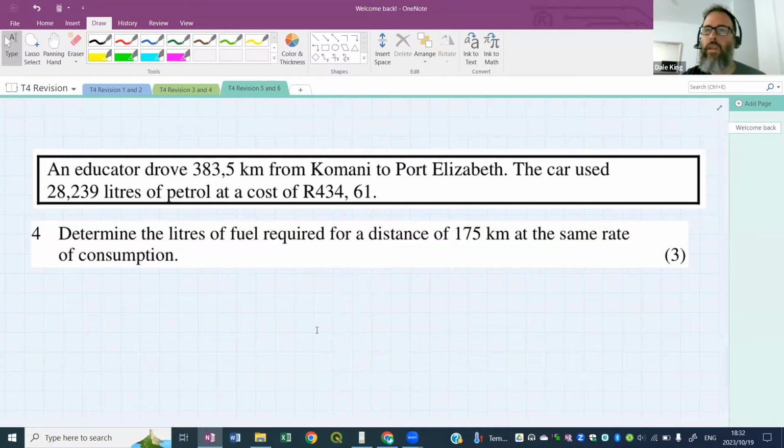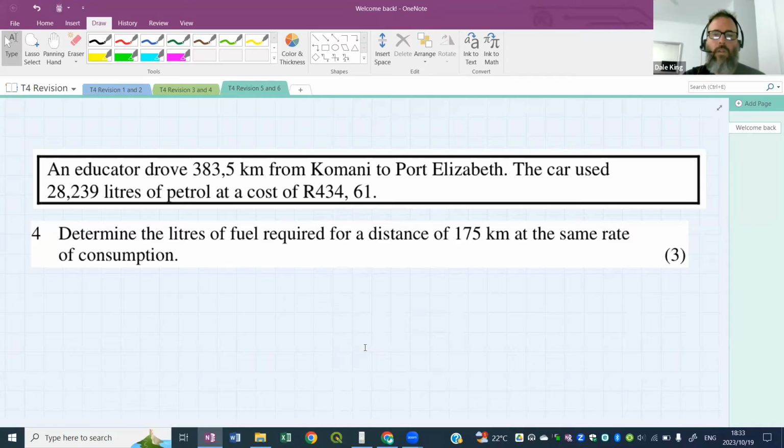If you've got your pen and paper with you, you would have all your answers in front of you, and you could use them to help you answer this question. That's why we say have pen and paper. Determine the liters of fuel required for a distance of 175. So how many liters for a number of kilometers?